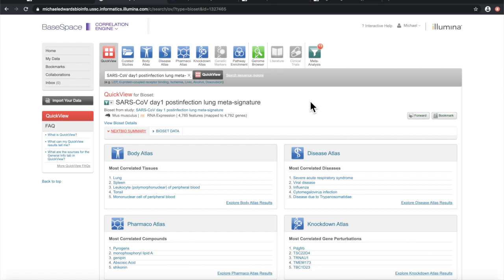What I really like about this platform is the ability to take our host gene signature for SARS-CoV infection at day 1 and compare it to all the other gene signatures in their database, which is thousands. In this way, we can compare what our genes do in related conditions or diseases, or even look for studies using compounds that reverse the changes we are seeing in early infection. But first, we'll look at some of the biological groups elevated or inhibited due to infection.